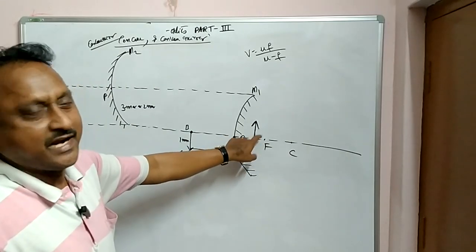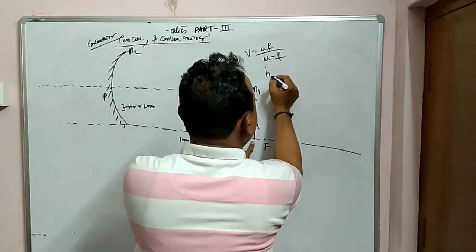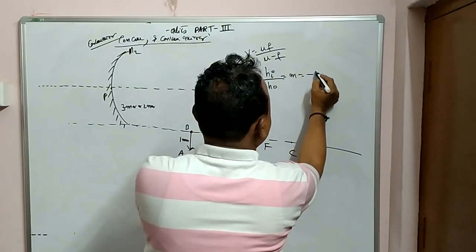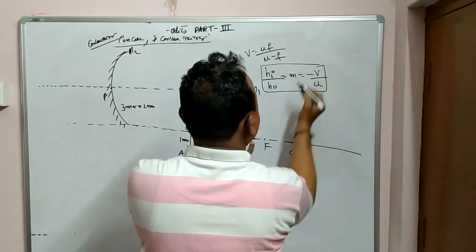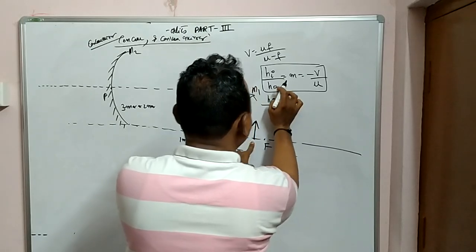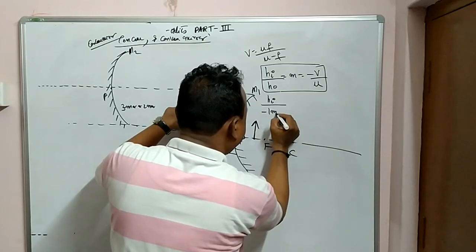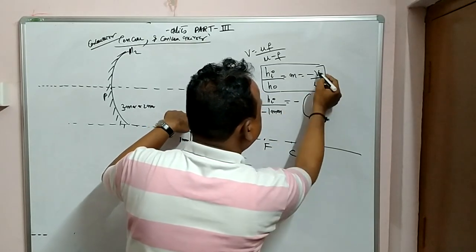And how to get the height of the image? We know hi by ho is equal to m, that is equal to minus v by u. You have to use this formula. So how does the height of the image come? Height of the image by height of the object, which is already given downward, negative sign. For example, minus 1 mm is equal to minus of v.